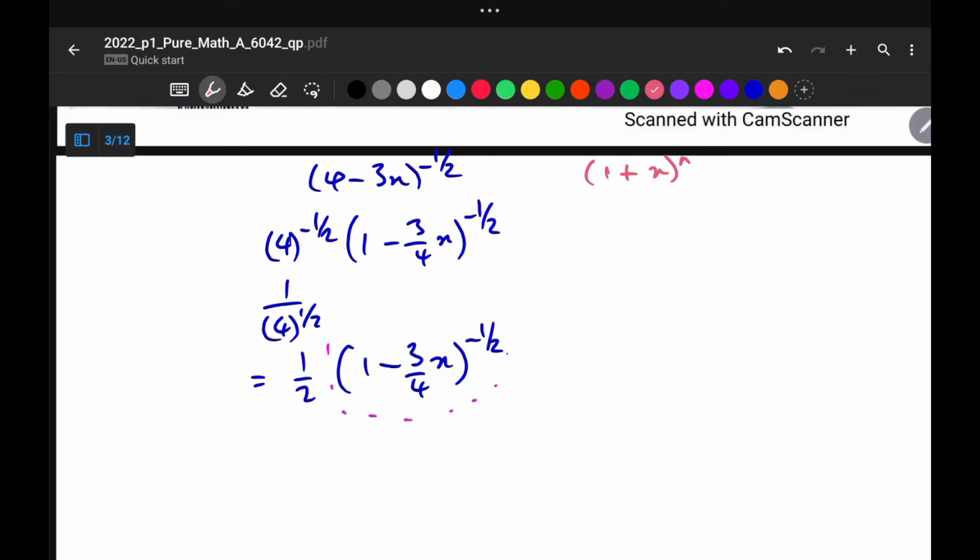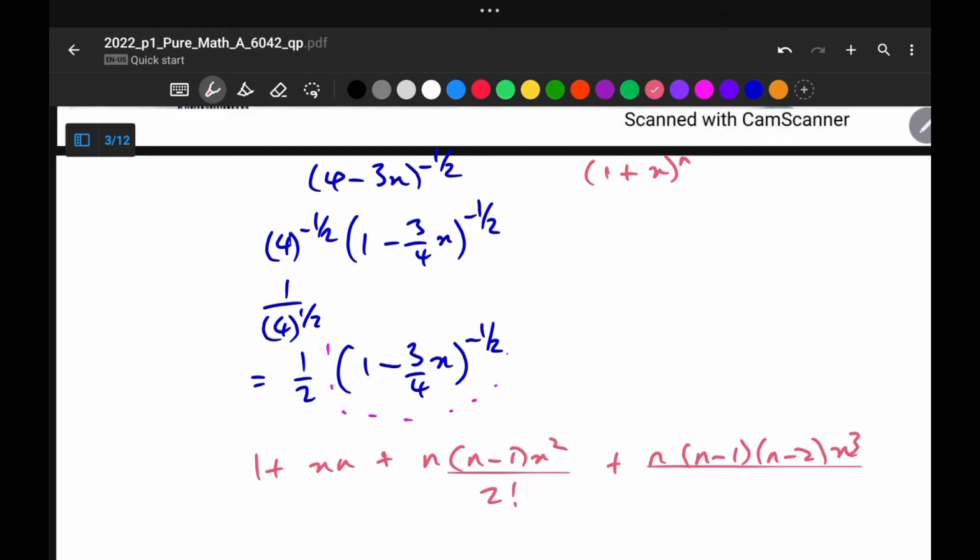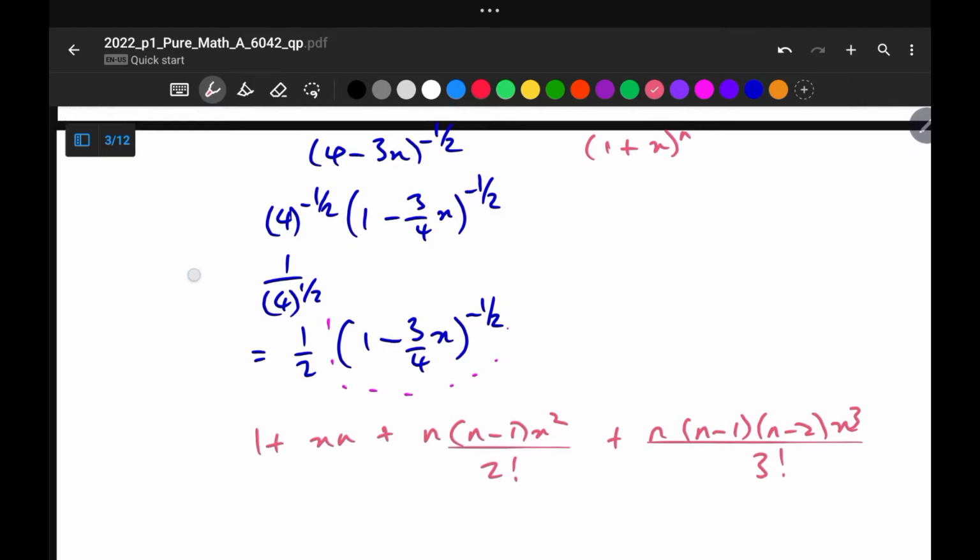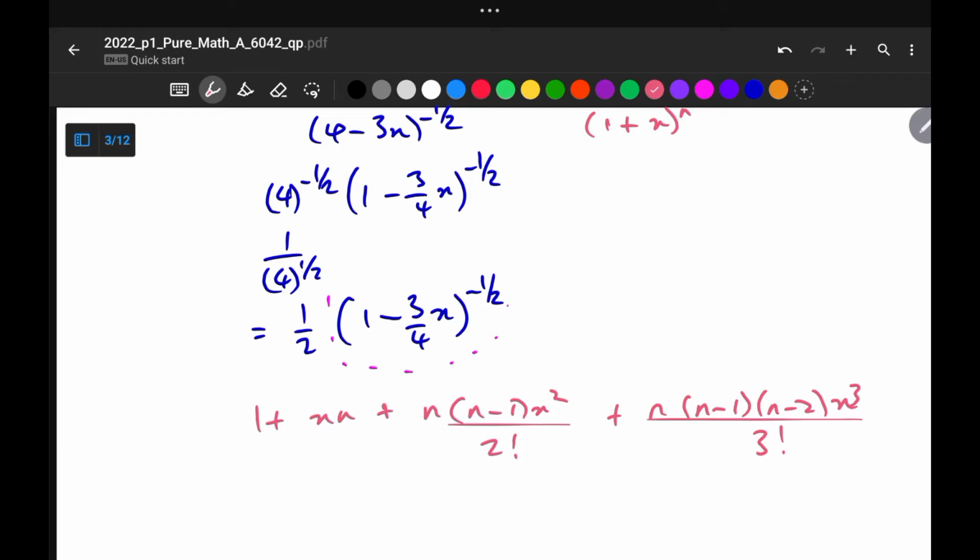Our expansion will be 1 plus nx plus n times (n minus 1) times x squared divided by 2 factorial plus n times (n minus 1) times (n minus 2) times x cubed divided by 3 factorial. In this case, our n is negative half and our x is negative 3 over 4 x, so don't forget to include this sign for x.